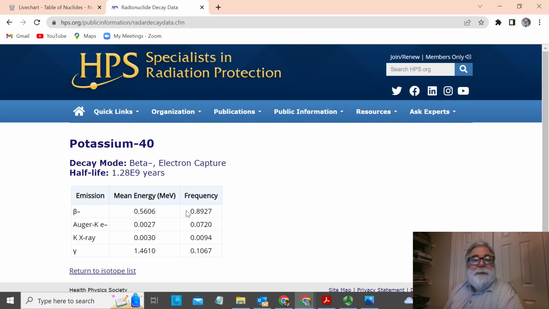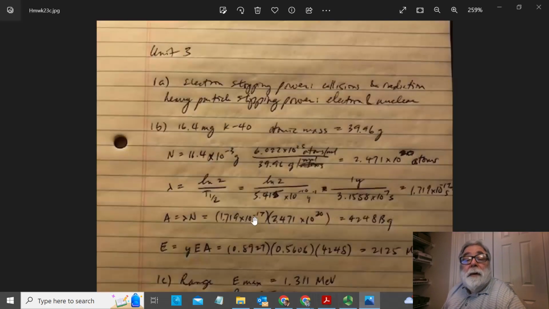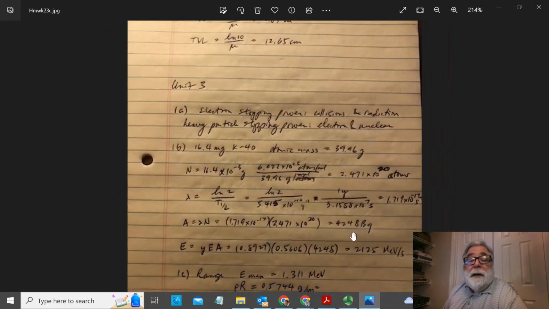We can ignore that very rare positron. It's not going to contribute much to the energy being deposited. And this 1.46 MeV is from the K capture, or electron capture. They call it K capture because it usually comes from the K shell. Okay, so back to my assignment. I'm going to use 0.560 and I'm going to use the 89.3%. And that's what I did, and that's what I ended up with.